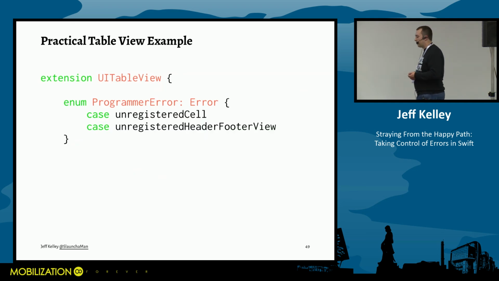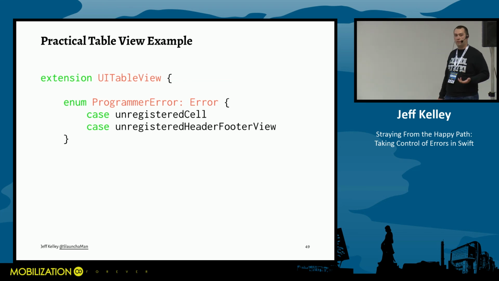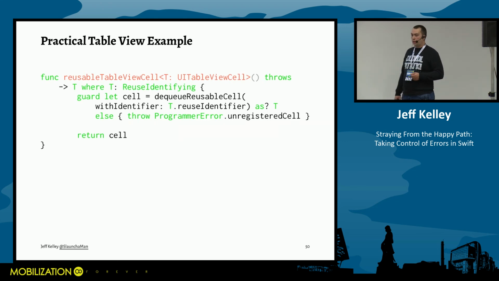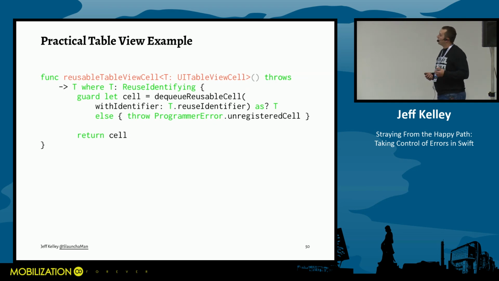So we're going to have this extension on UITableView, of course, called ProgrammerError. And I have two cases here where these are unregistered, either for the cell or for the header footer view. And then there's this method, reusableTableViewCell. You give it some type that's a table view cell that's ReuseIdentifying. And then it calls this dequeueReusableCell with identifier.